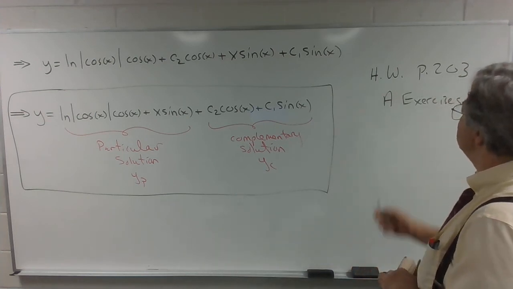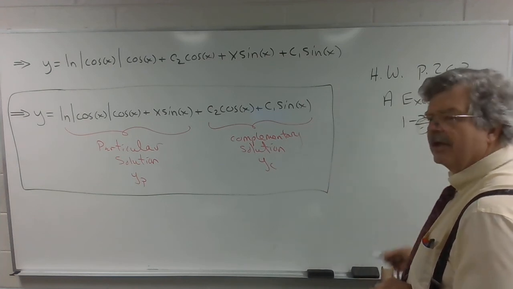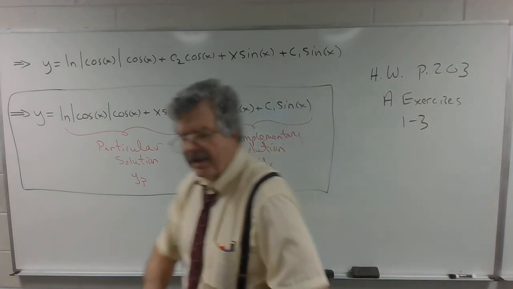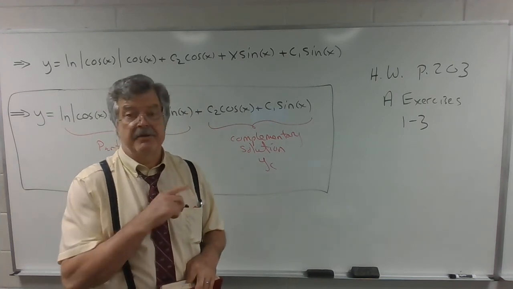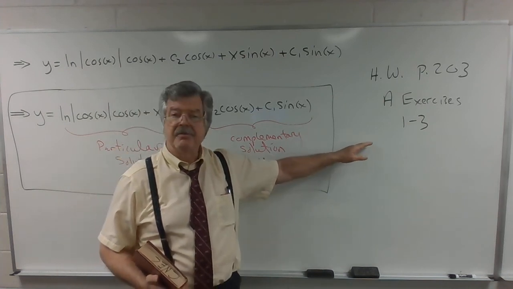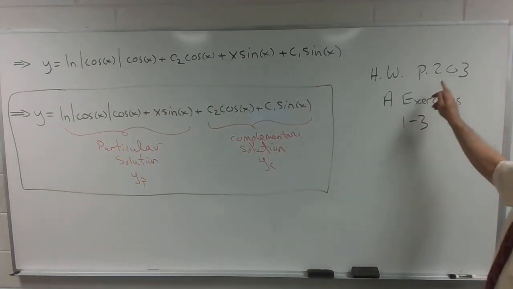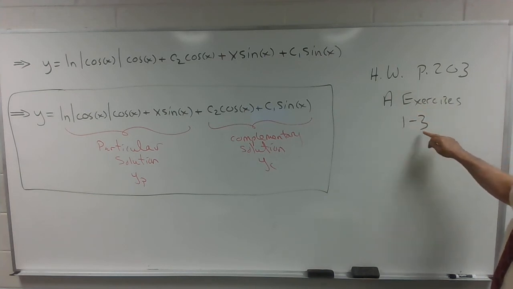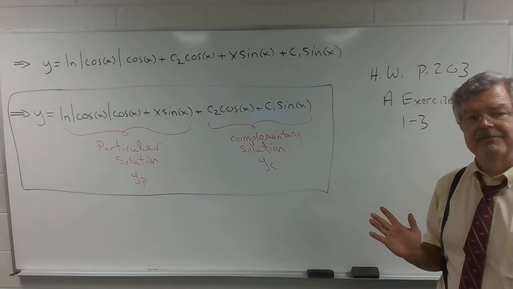Let's just try for right now just 1 through 3. I'll give another lecture on variation of parameters with another example, and then I'll assign the rest of the A exercises. Page 203, exercises 1 through 3. We do these with variation of parameters.